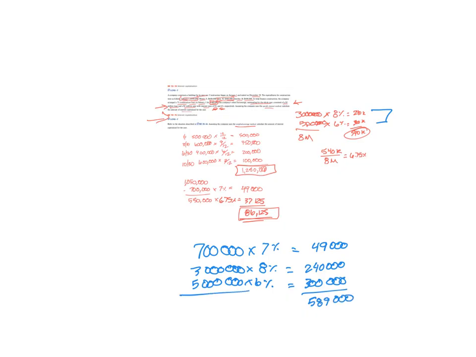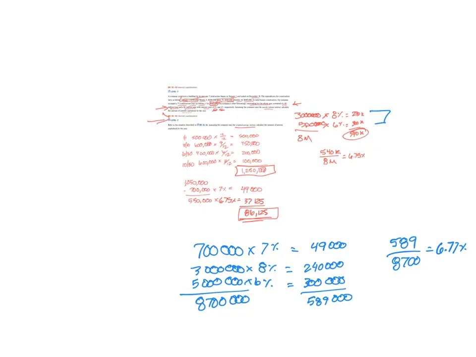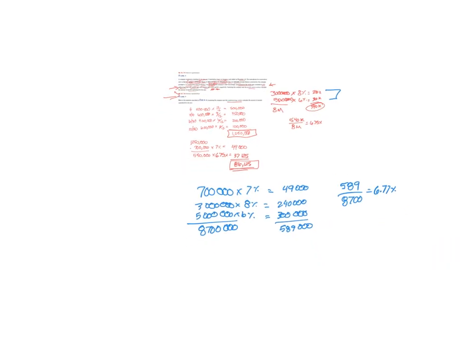We'll sum up the principal that we have here, which is $8.7 million. We'll then calculate the weighted average interest rate, which is 589 divided by our 8,700. And this gives us 6.77% as our weighted average interest rate. We're then going to take this and multiply it by our weighted average expenditures.